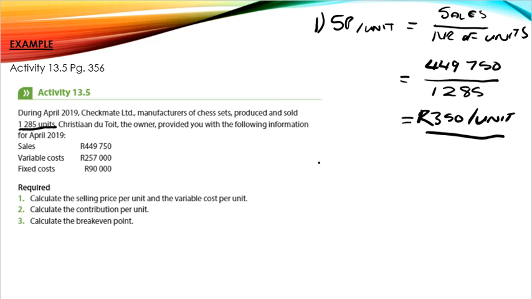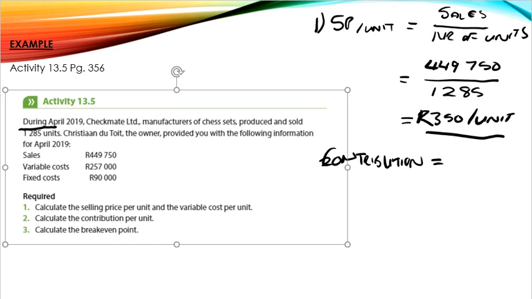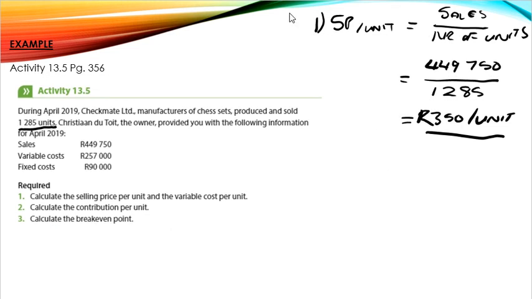Then I have to work out the contribution per unit. So it's still number 1. Contribution is then, no, I need to work out the variable cost per unit. Let's try again.